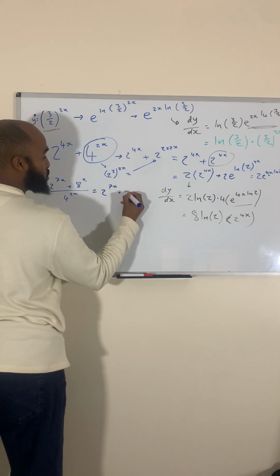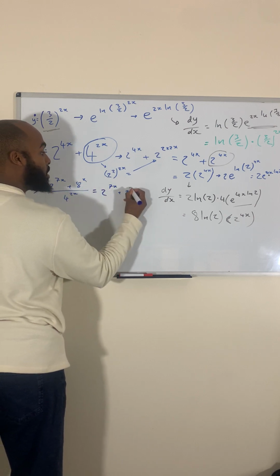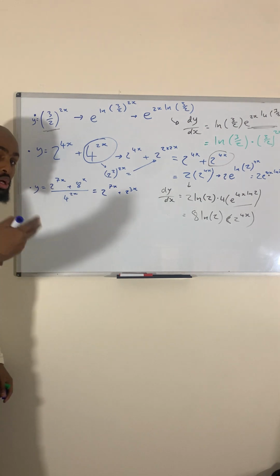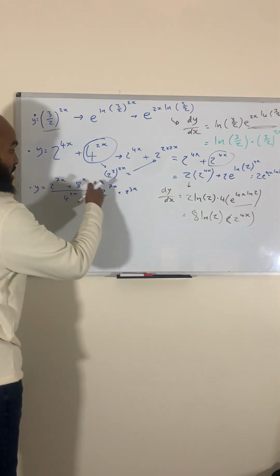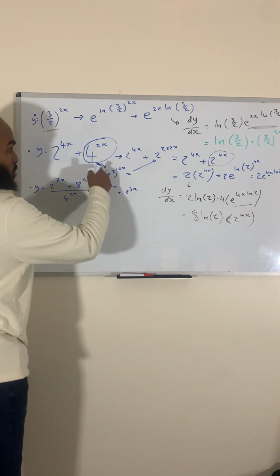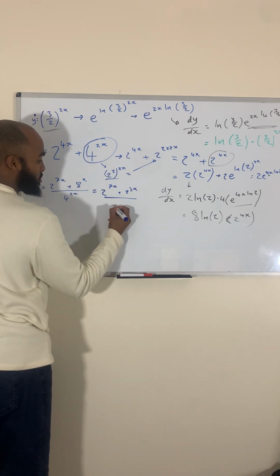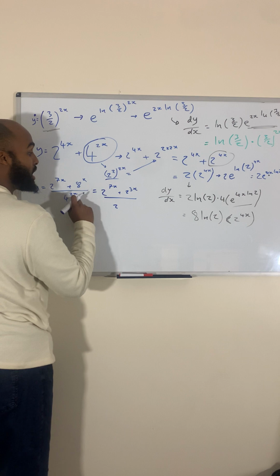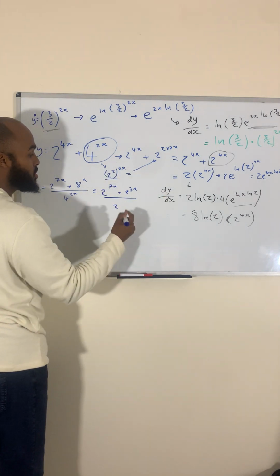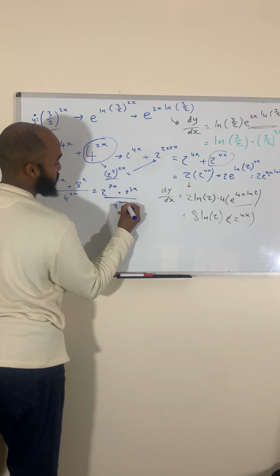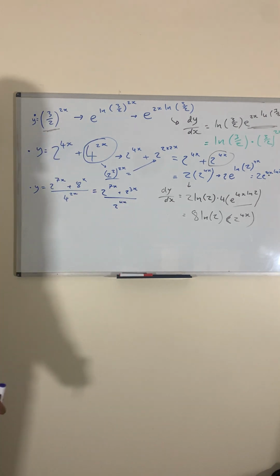Plus, this becomes 2 to the power of 3x, because 8 is 2 times 2 times 2. So 2 to the power of 3, then multiplied by the x because of the same law. All over 2 to the power of 2 times 2x, similar law. 2 times 2x becomes 4x.